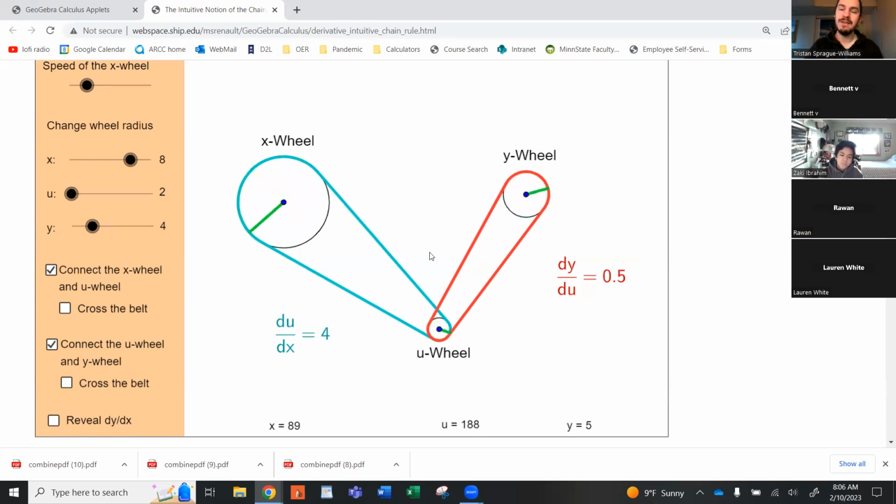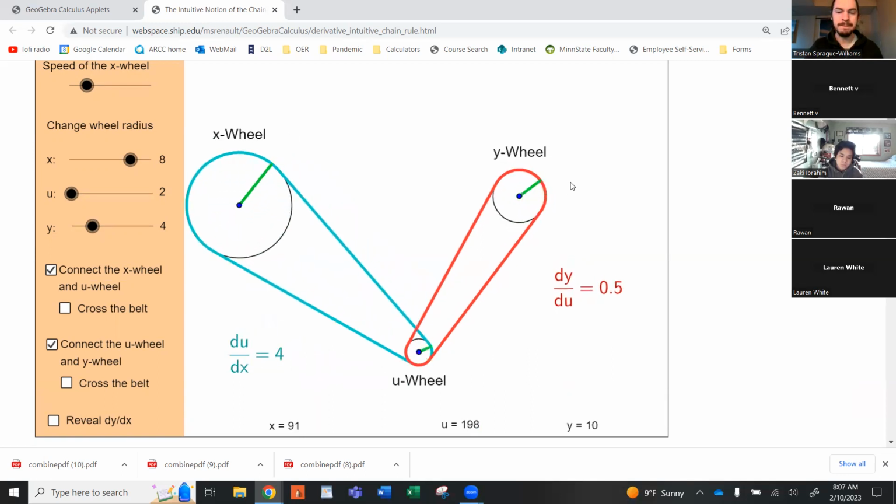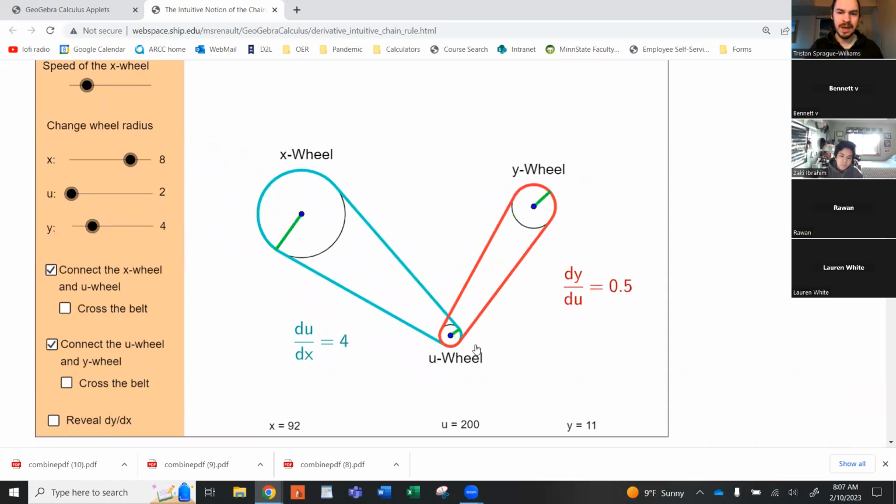So now y is a function of u, and this is like a composition of functions where x determines u, which in turn determines y. Now we can ask the same question about the rate of change in y relative to u, or with respect to u, which is another phrase you'll hear.